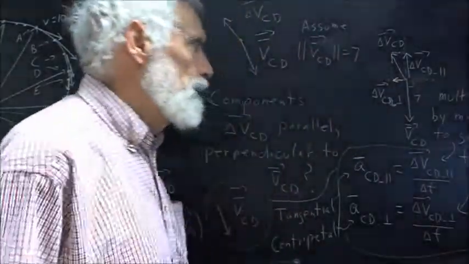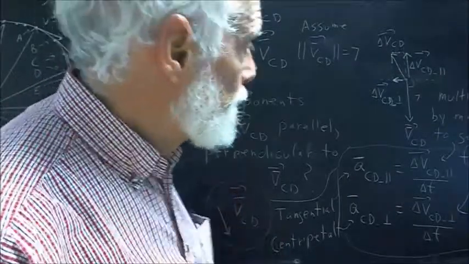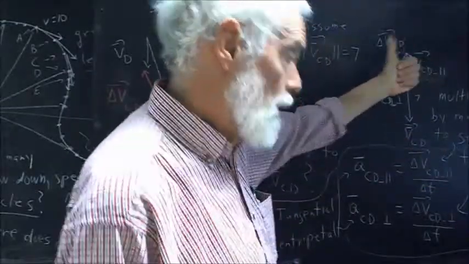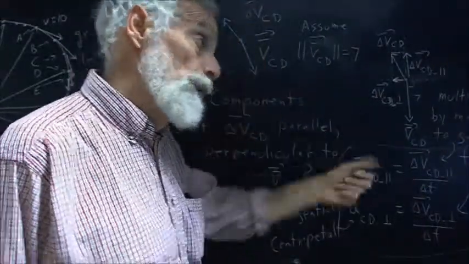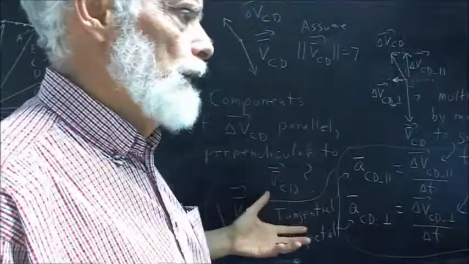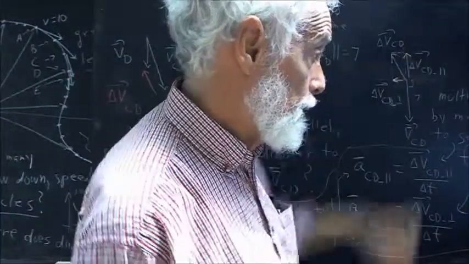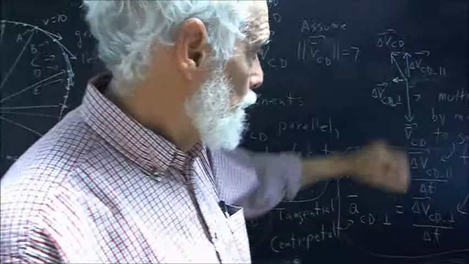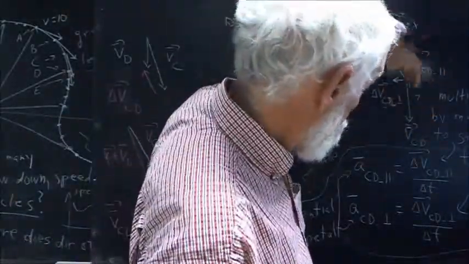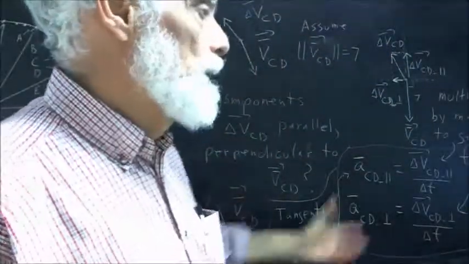Now, what's the significance of the parallel component of the change in velocity? If our velocity is in this direction and our change in velocity is in this direction, what does that tell us about the motion of the object? It tells us that the object is slowing down, or at least a part of the change in velocity along the line of the average velocity is slowing it.